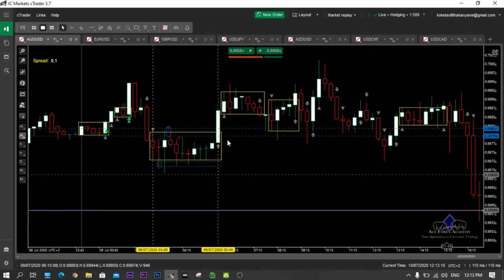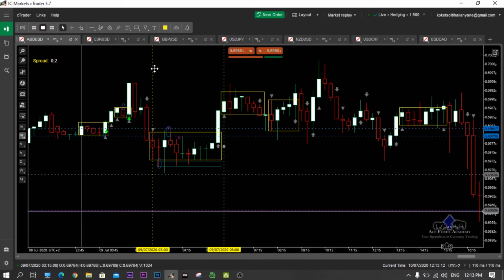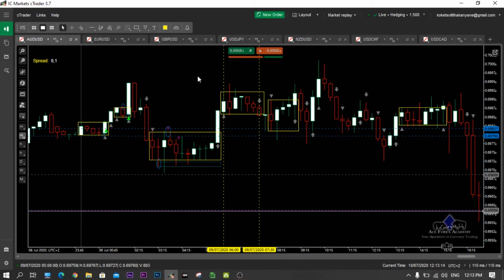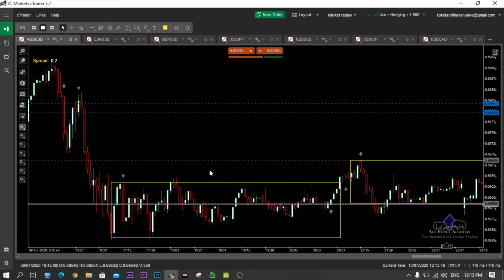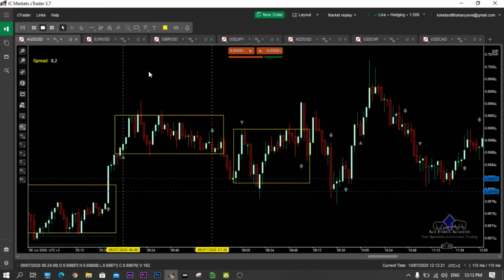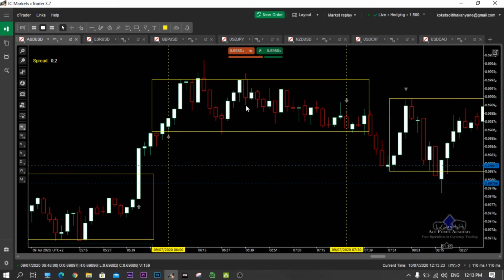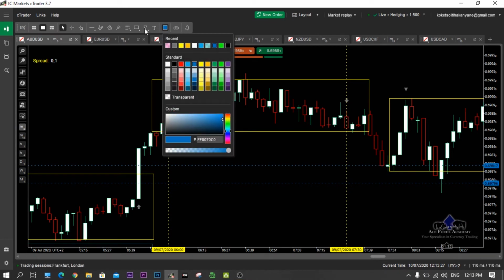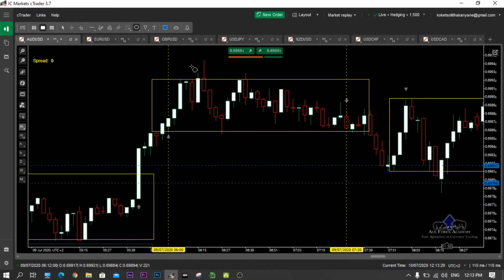Mark it from there, and let's move further down. We can spot the same setup over here. Number one, we have the development of our swing to the upside.